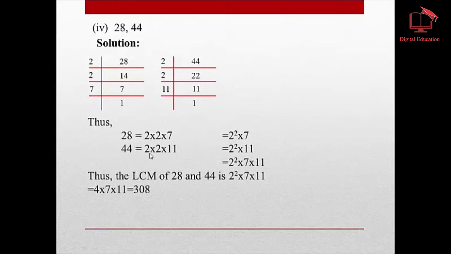We have 2 multiplied by 2 and multiplied by 11, that is 2 power 2 multiplied by 11. So students, this is common. We will write it one time, and 7 and 11 we also write. After this, 2 power 2 is 4. Now 4 multiplied by 7 and then multiplied by 11, we get the answer 308.